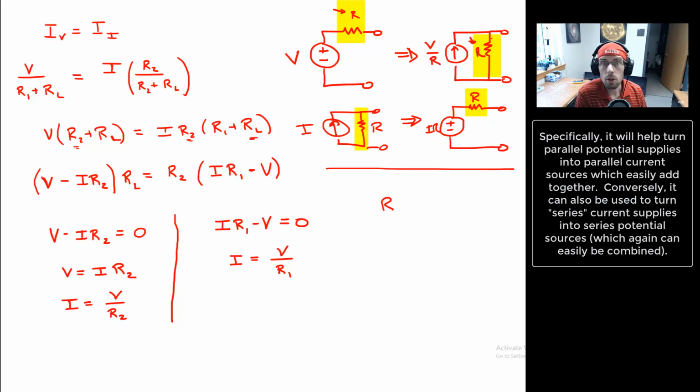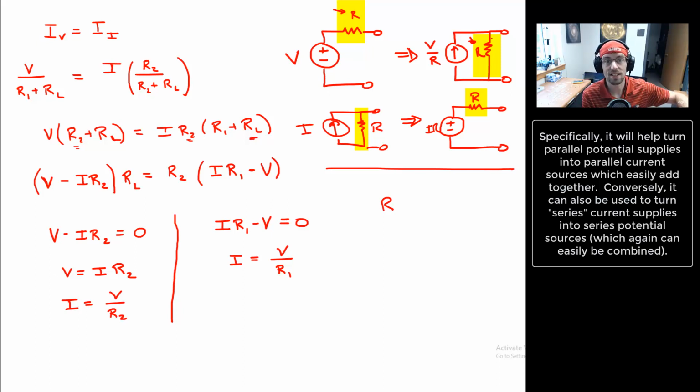You notice in these source transformations that you will change the current going through R. You will change the potential drop across that resistor R. So if you are asked about finding the current through that resistor, you cannot do these source transformations.